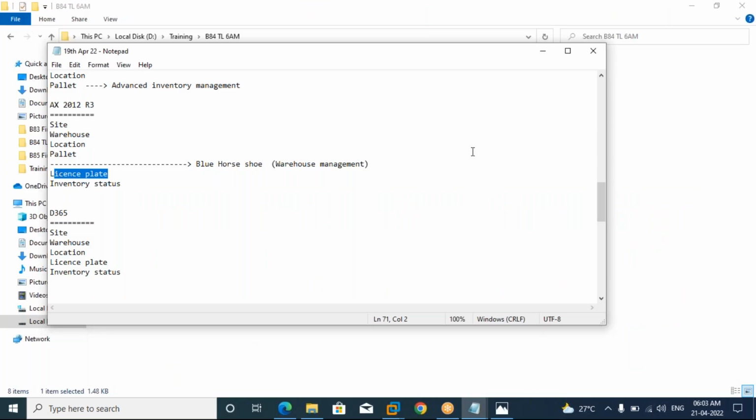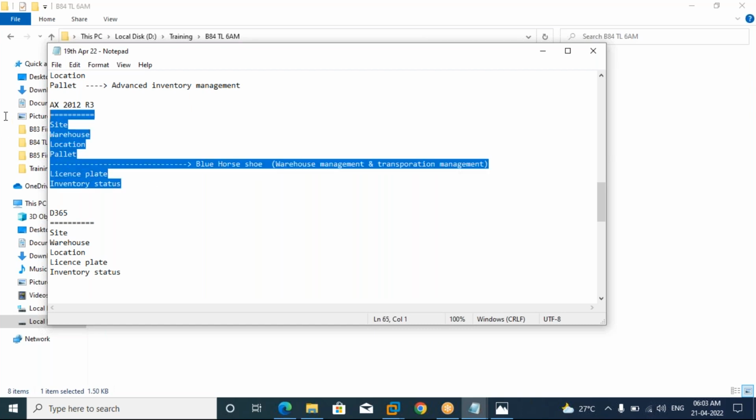Microsoft purchased this application from a company, Blue Horseshoe. These two modules were developed by a company called Blue Horseshoe, and Microsoft purchased it and merged it.